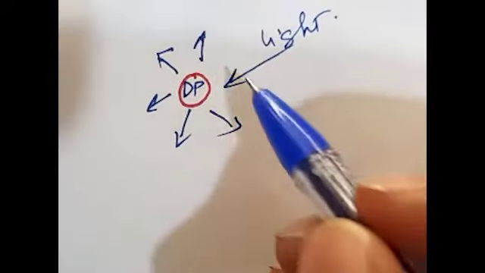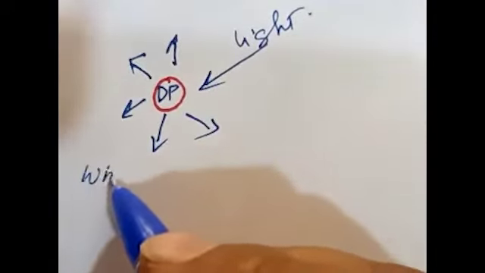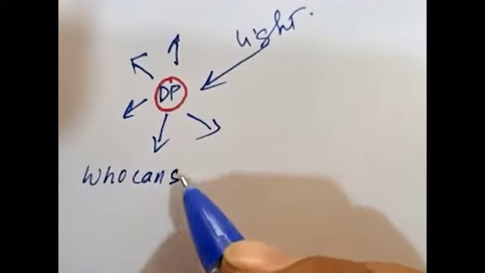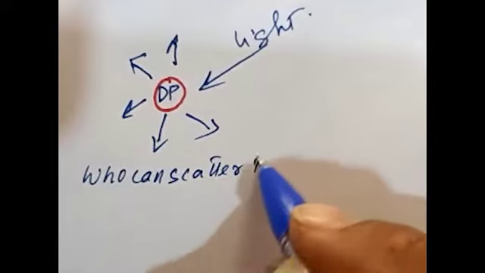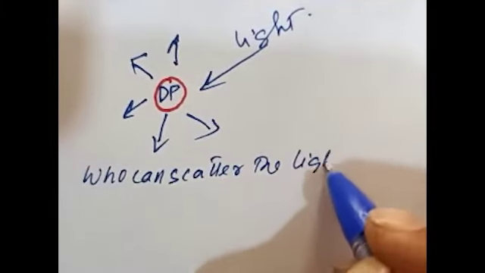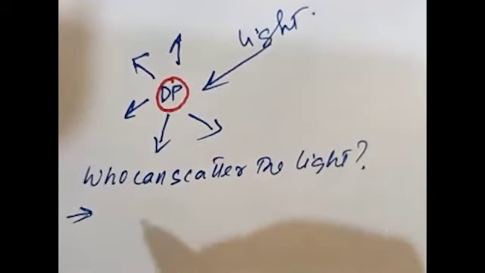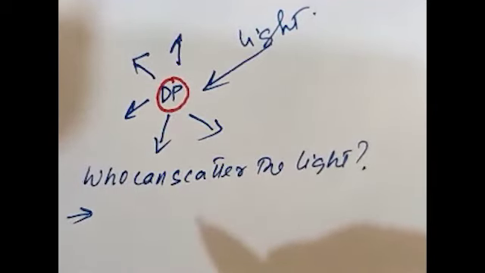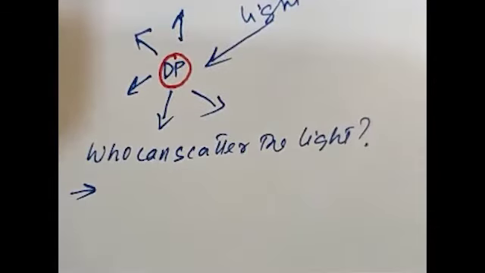When the particle sizes are such that they can scatter the light, first of all, who can scatter the light? Why does the sky appear blue? Same thing.